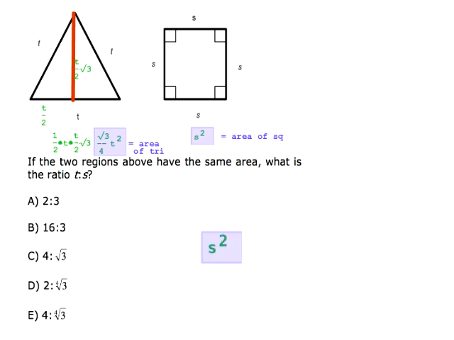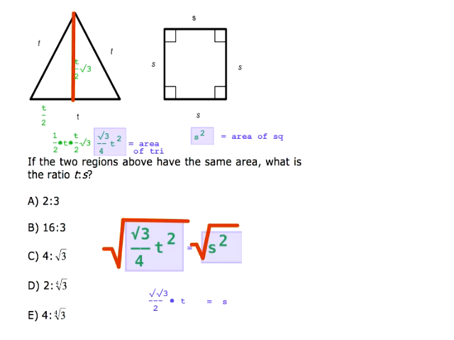So this and that, you're going to set them equal, which means you're going to be able to take the square root of both sides. That's where the rad 3 is going to come from. These are all positive, so there's no worries about pluses and minuses. That's just going to be s on the right-hand side. And then everything is square rooted, so it's rad 3 over 2, and then times t. And that's going to turn into choice D pretty quickly.